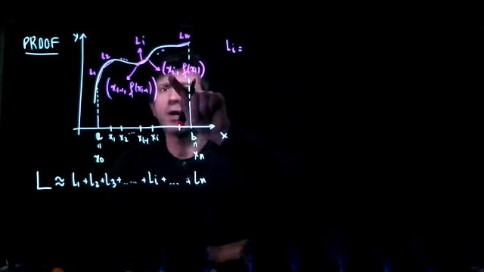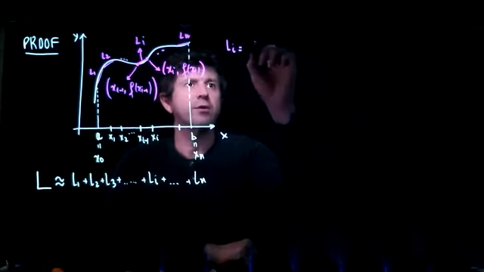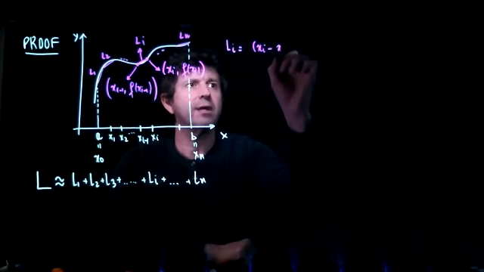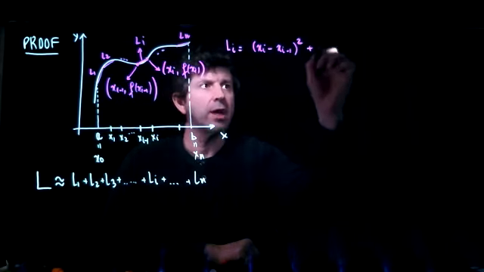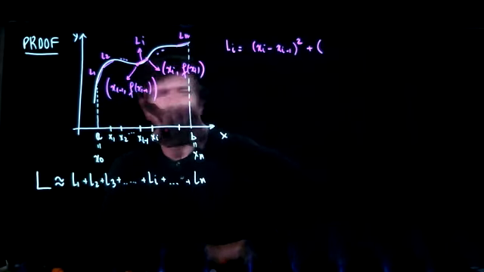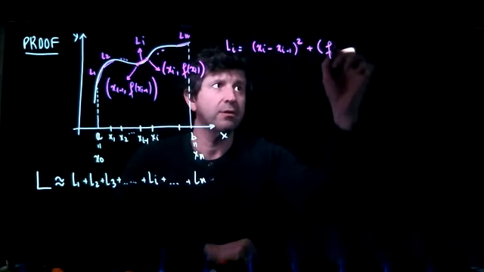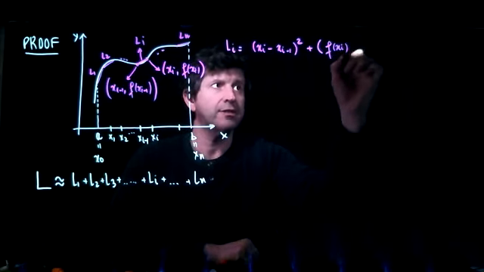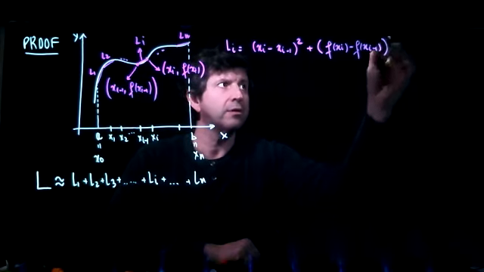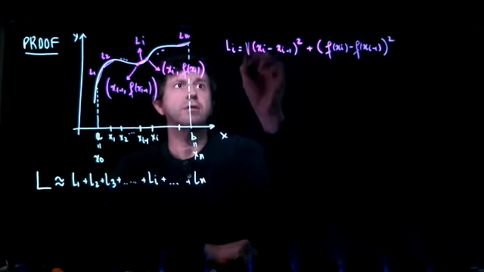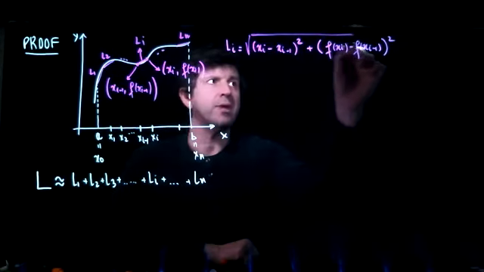So x2 minus x1 squared, so xi minus xi minus 1 squared, plus y2 minus y1 squared. Remember this? f of xi minus f of xi minus 1 squared. And the square root of this. This is the big distance formula.